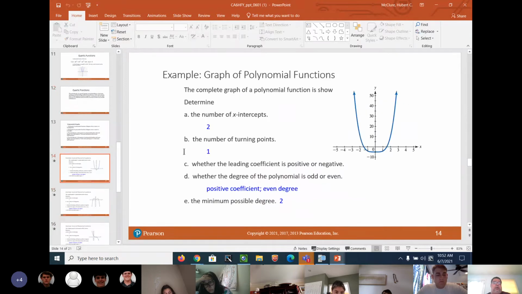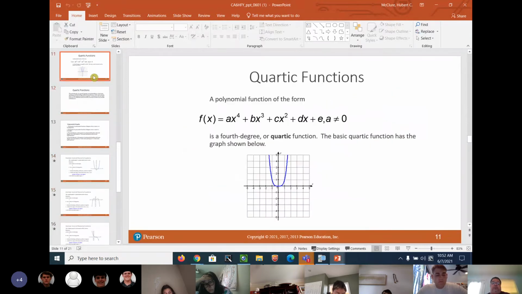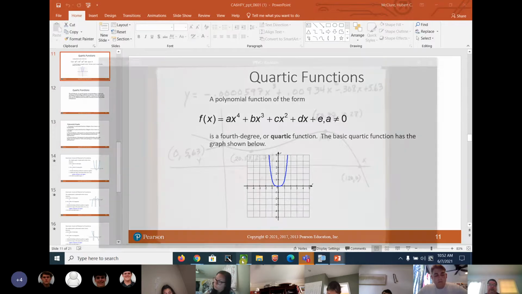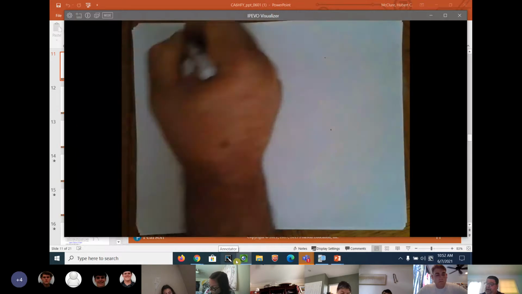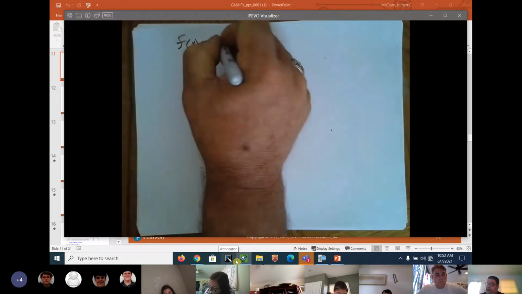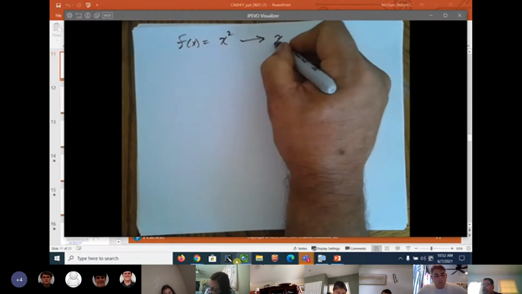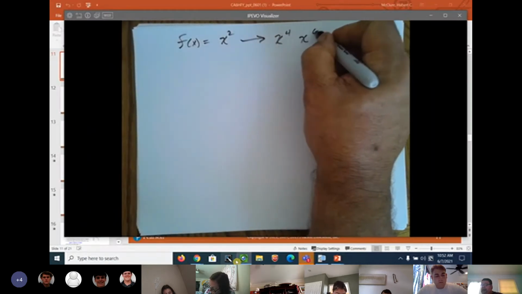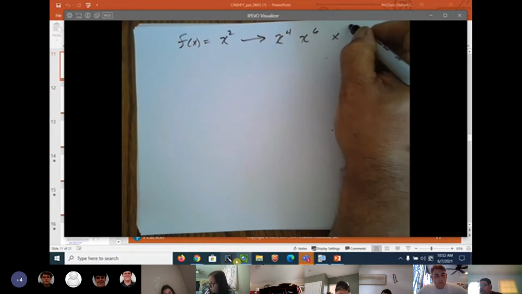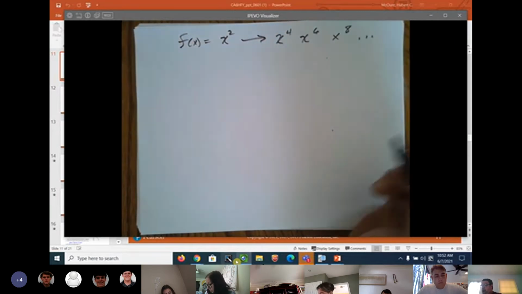And they're telling you right here, a quartic function squares off on the bottom the higher you go. What is the ending behavior with a quartic function? A quartic function is anything beyond x squared: x to the 4th, x to the 6th, x to the 8th, and so on.